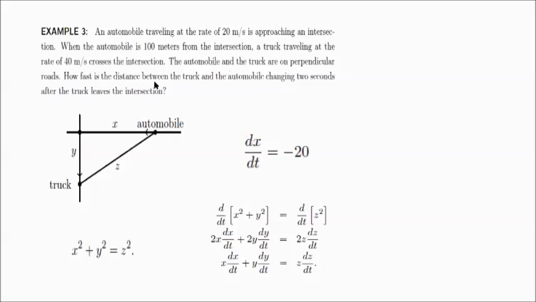How fast is the distance between the truck and the automobile changing 2 seconds after the truck leaves the intersection? So kaya nga dito, lumagpas na siya sa intersection, di ba? After 2 seconds. Ngayon, pinapakuha kung how fast daw yung distance between the truck and the automobile. Kaya merong Z dito. So yung pinapakuha is yung dZ over dt.